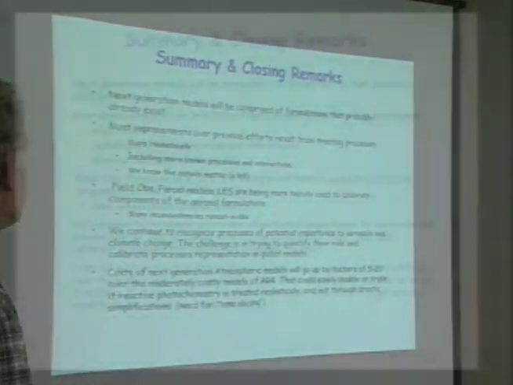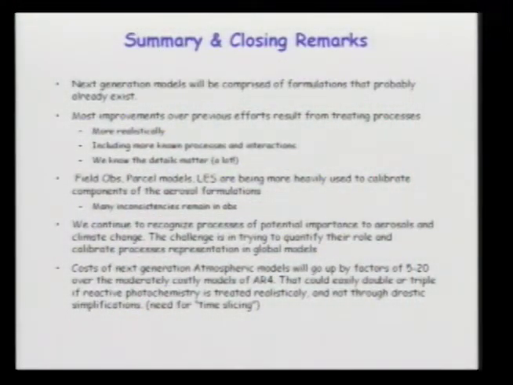And so I guess I'm going to move to the summary and conclusions here. The next generation models will be comprised of formulations that probably already exist. There are a whole lot of different things that we're working on to improve the frameworks that we used for the previous assessment efforts.